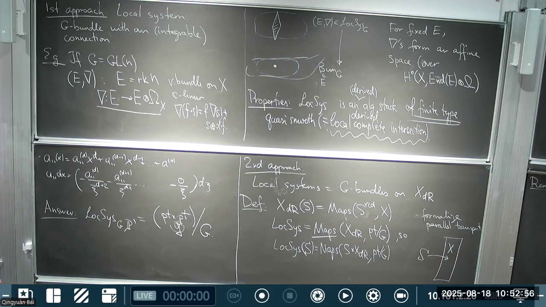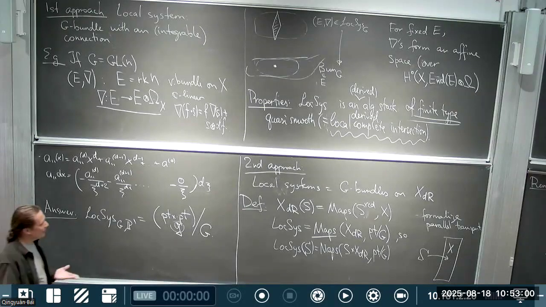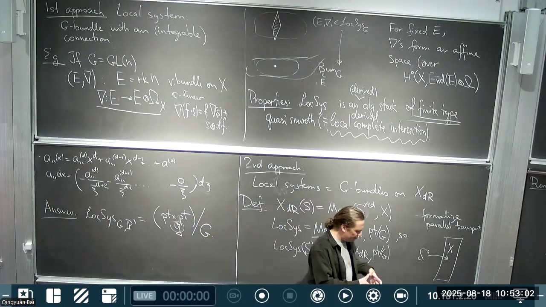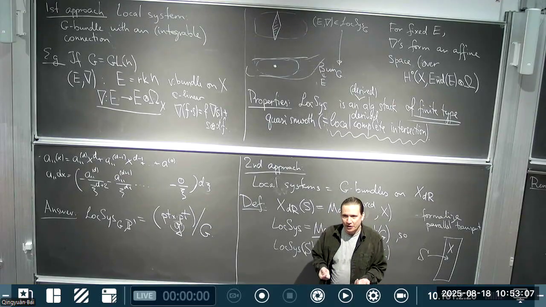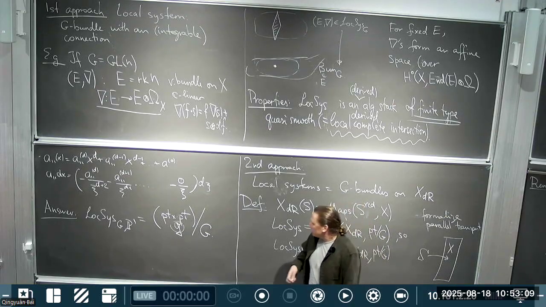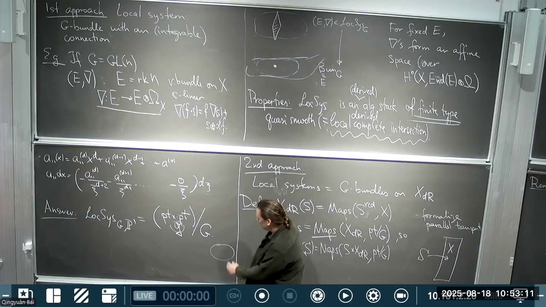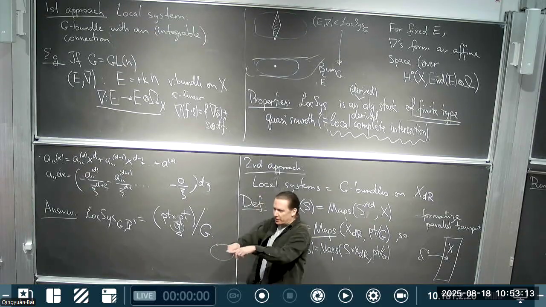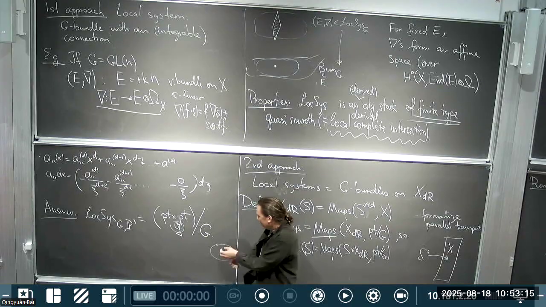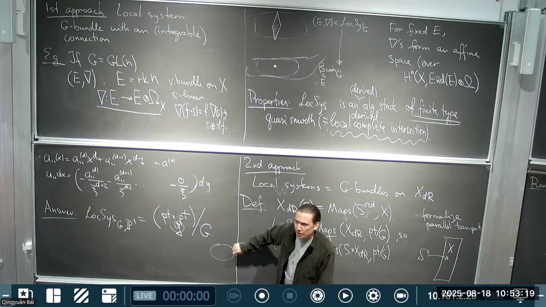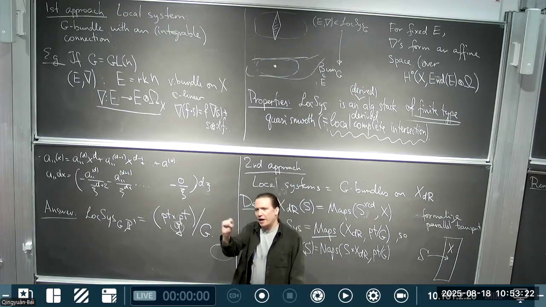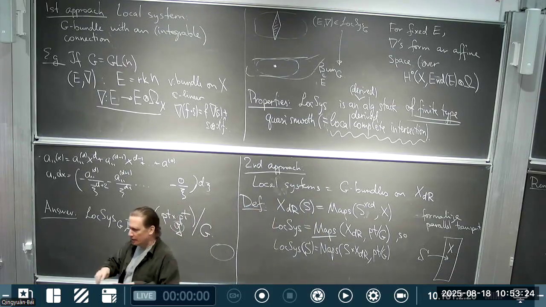Kind of. The main idea is that this is like P1 with infinitesimally close points identified. So somehow I have to draw P1, and if I identify these two points, I'll get the cusp. If I identify even closer, so somehow I have P1, but every point is only defined up to infinitesimal.